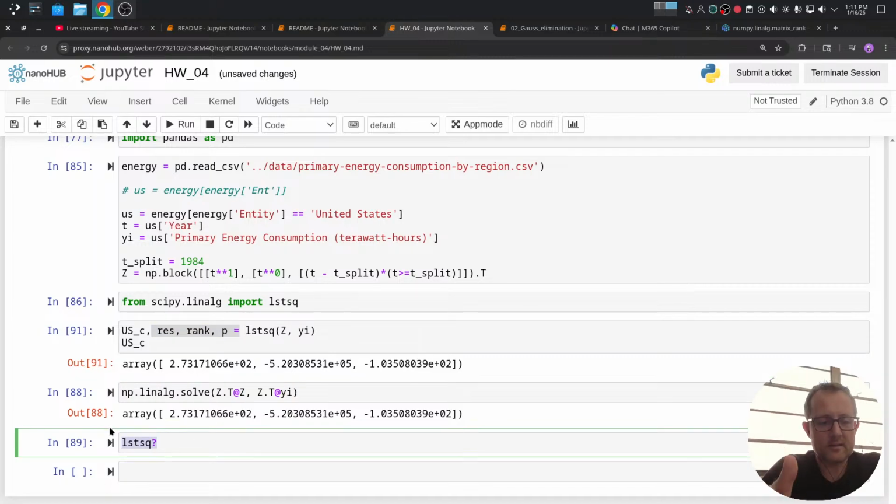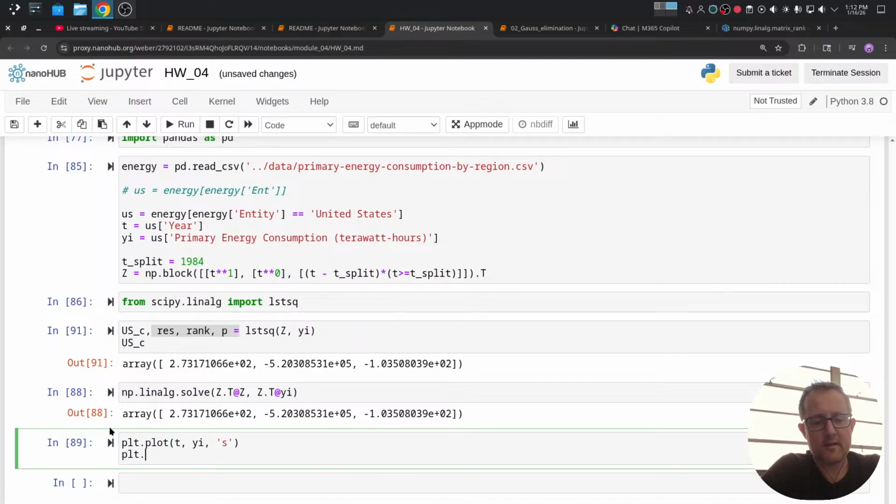And again, so main thing, if you're making a fit, always put that fit with the data. So now plt.plot TYI, put that maybe in squares, and then plt.plot of T comma Z @ USC.